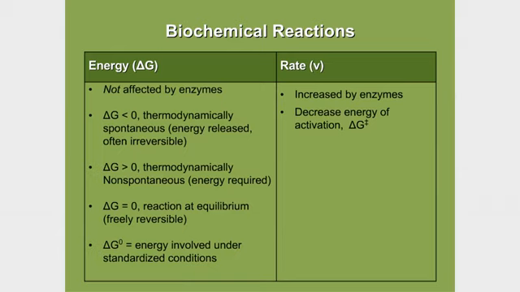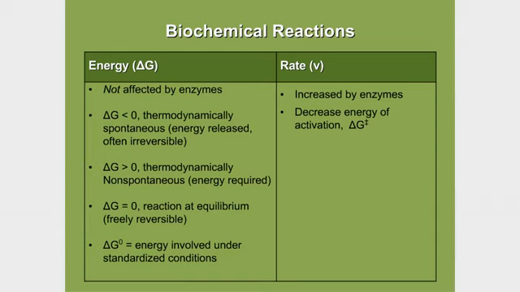The important feature is when a delta G is less than 0, it means it will happen. But it's not saying how long it takes. And why you have an enzyme on the right side of this table is when an enzyme does, it makes the reaction go faster. Instead of taking a day or a week, the reaction may take place within seconds. That's what an enzyme does.